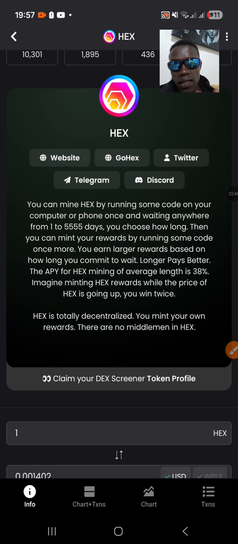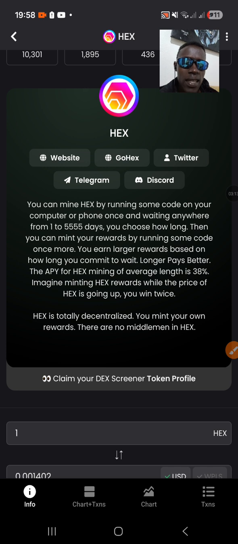So we had Hex sitting on the Ethereum blockchain, and now we have another Hex sitting on the Pulse chain blockchain. If you had tokens on the Ethereum blockchain before 2023, you all have a copy on the new blockchain. That's why we have this Hex under the Pulse chain blockchain.